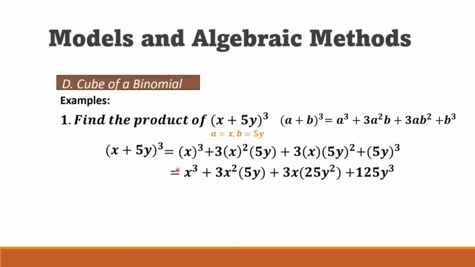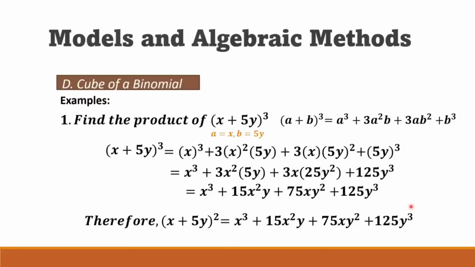Then we simplify. So the first term is x cubed plus 3x squared times 5y plus 3x times 25y squared, plus 125y cubed. Then we multiply the remaining terms: x cubed plus 15x squared y plus 75xy squared plus 125y cubed.